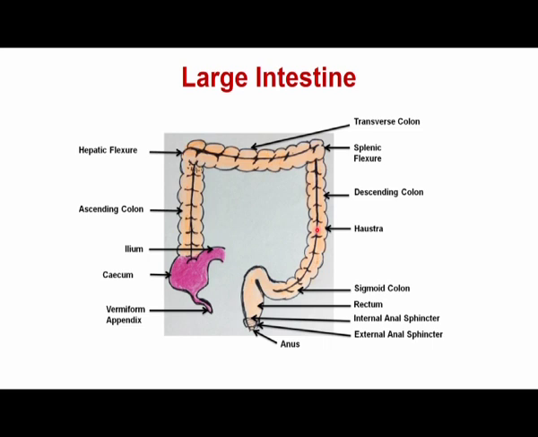Then the sigmoidal colon terminates and forms the rectum. The rectum contains 2 sets of muscles, one called the transverse muscle and the other called the longitudinal muscle, and then the rectum tapers down and closes into a structure called the anus.